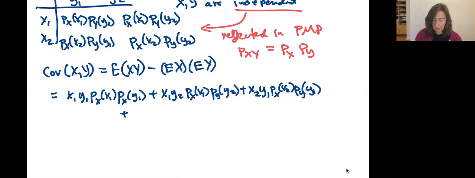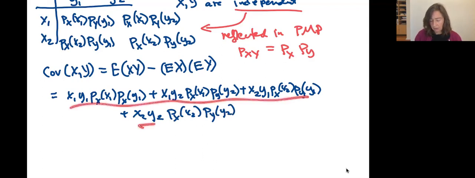The last possibility is x2, y2, with probability X is x2 times the probability that Y is y2. All of this is the expected value of the product, right?